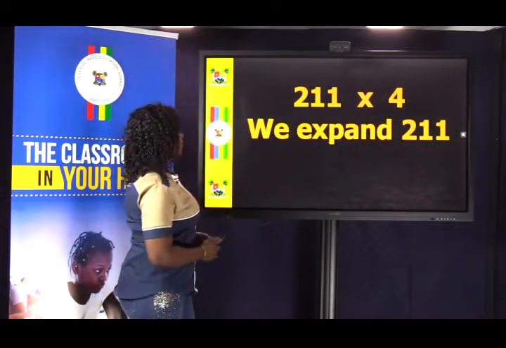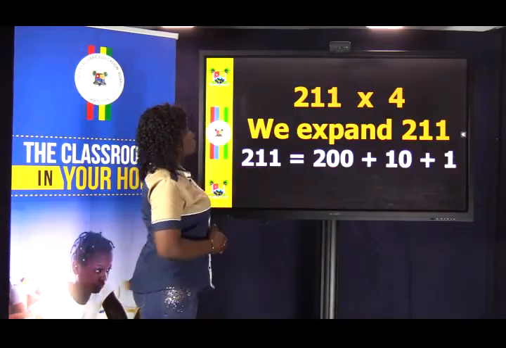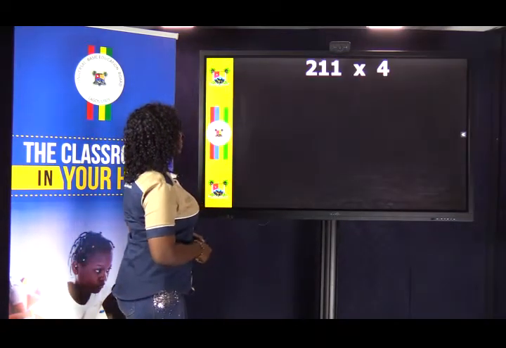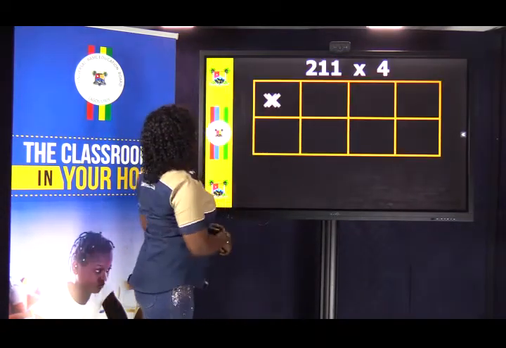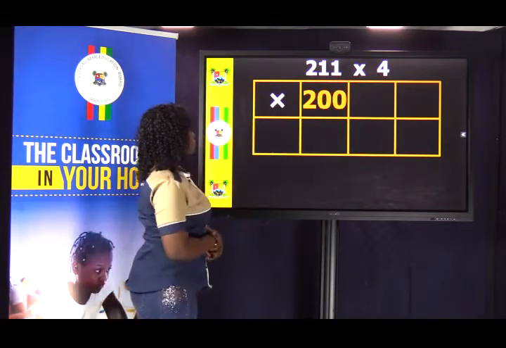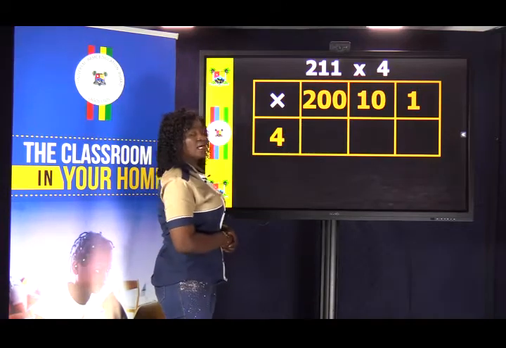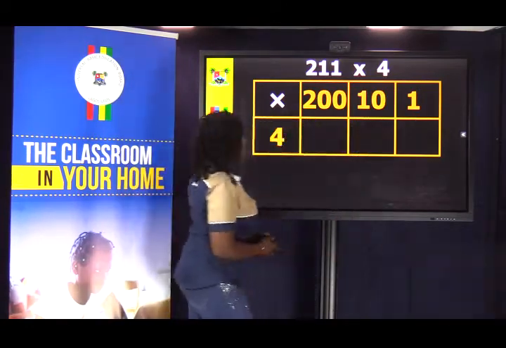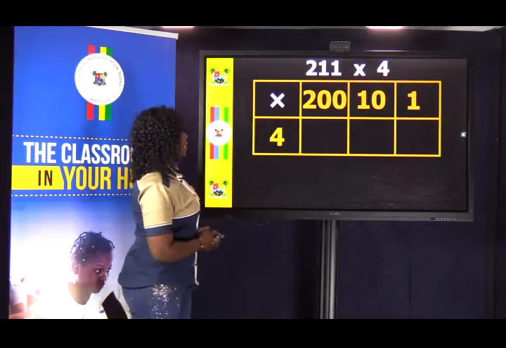So we expand 211, 200 plus 10 plus 1. Then you draw your table. Yes, your multiplication sign, very important. 200, 10 and 1. Hundreds, tens, ones. Yes, then 4, the number we are multiplying with.